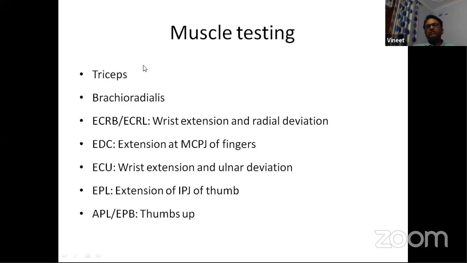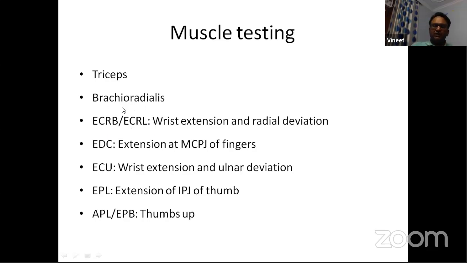The muscles typically important for examination in a radial nerve paralysis: triceps, brachioradialis. Dr. Dhal has shown a very beautiful slide of examining the brachioradialis. I'll again show the slide. ECRB and ECRL would be wrist extension and radial deviation. Some examiners may ask how to differentiate between ECRB and ECRL power.